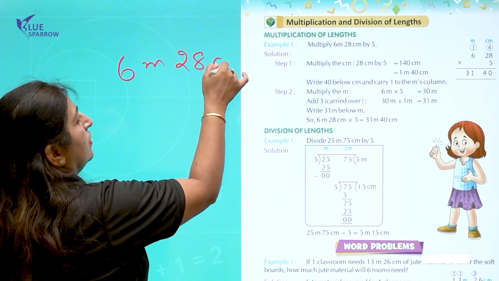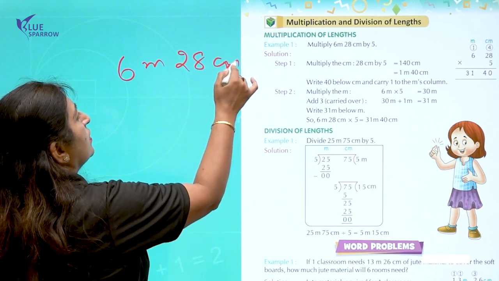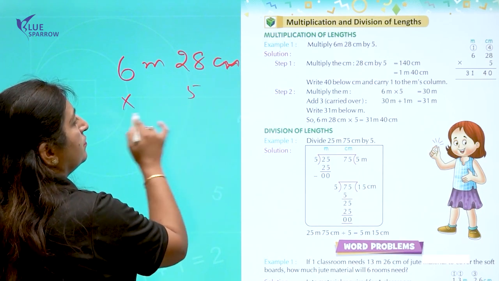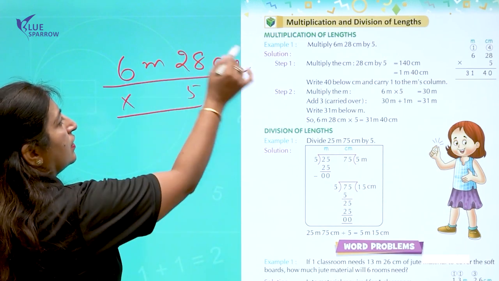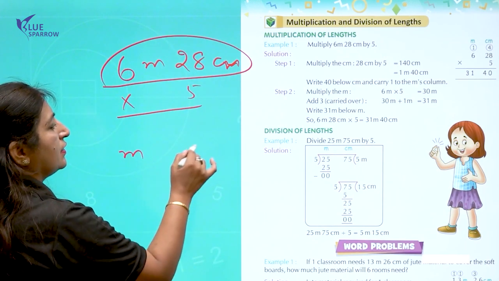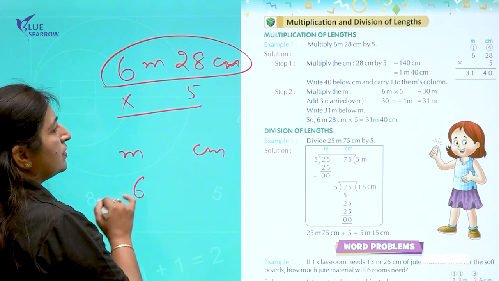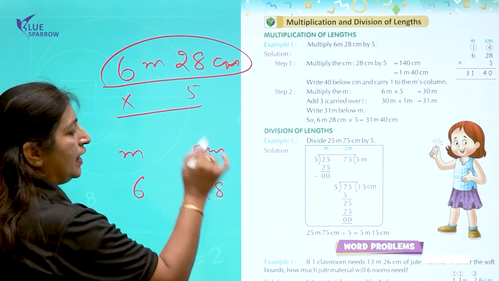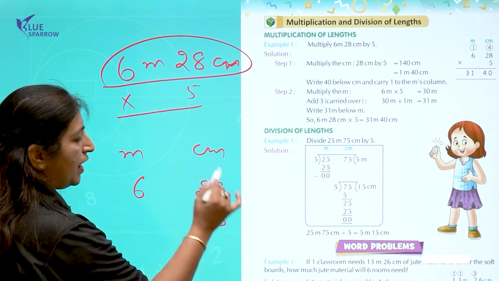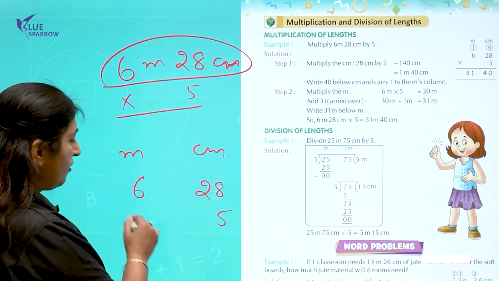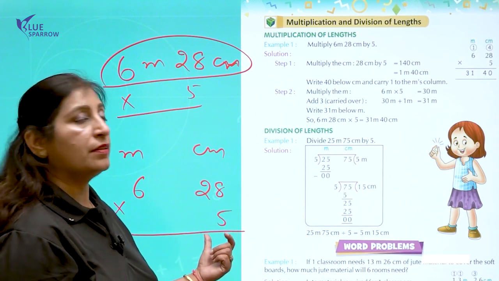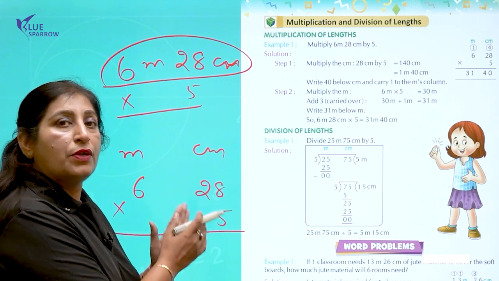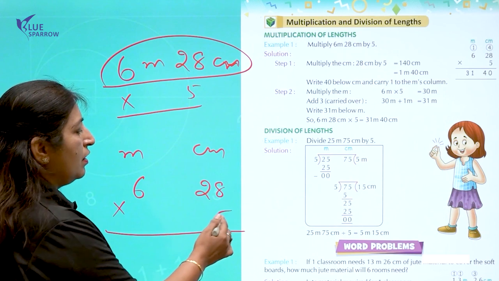6 meter 28 centimeter is to be multiplied by 5. Means firstly, we would again write this length in proper columns, meter and centimeter. Meters here are 6 and centimeters here given are 28. And we are asked to multiply this length by 5. So firstly, we would multiply 28 with 5 because 28 centimeters are given here.